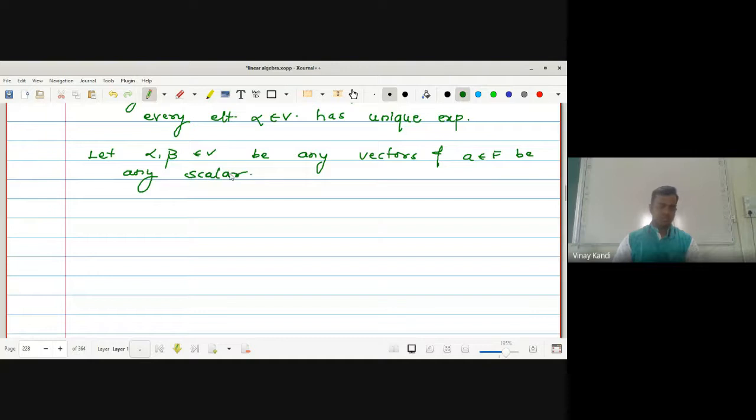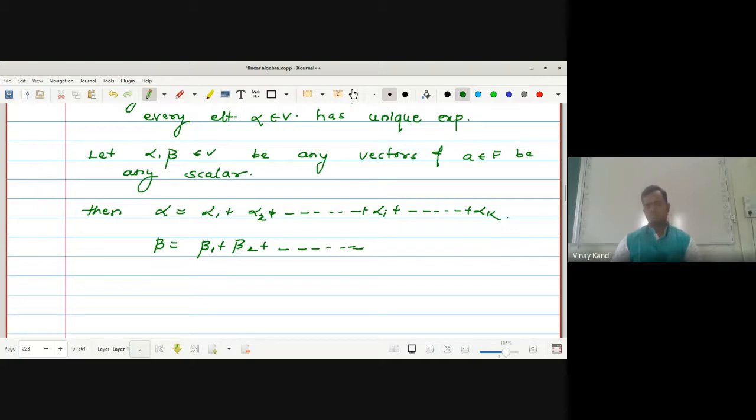Then alpha we can write in the form alpha_1 plus alpha_2 plus up to alpha_i plus up to alpha_k. And beta is beta_1 plus beta_2 plus up to beta_i plus up to beta_k.